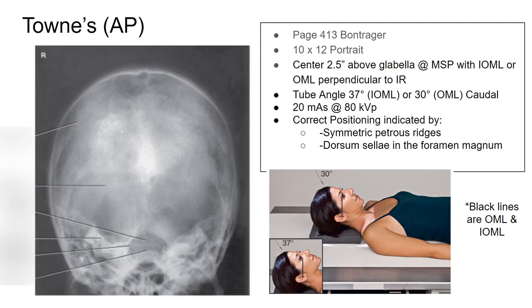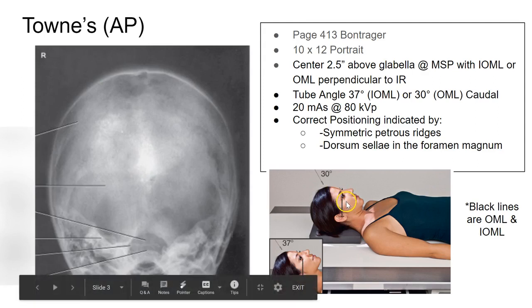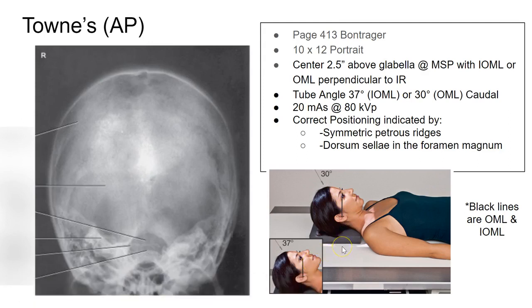If you have a patient with a double chin, for example, or if you have a patient that maybe has arthritis in their neck and it's difficult for them to flex, getting OML perpendicular can be a challenge. If you can't get OML perpendicular to the image receptor, you can use IOML. That allows the patient to relax their chin a little bit, and it's just a little bit easier for some patients.